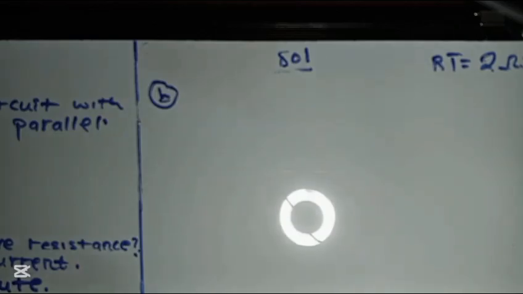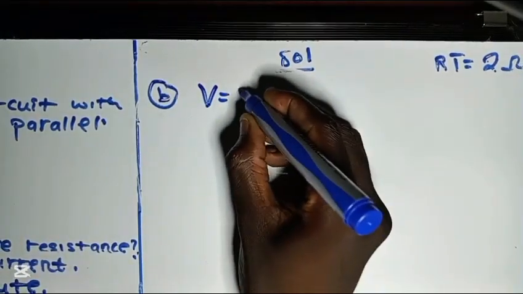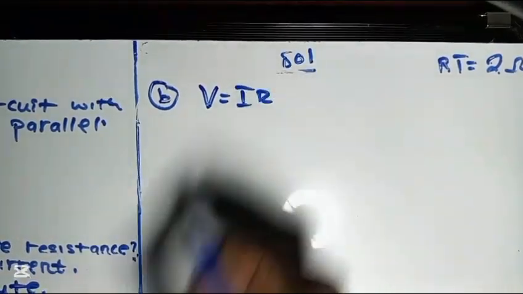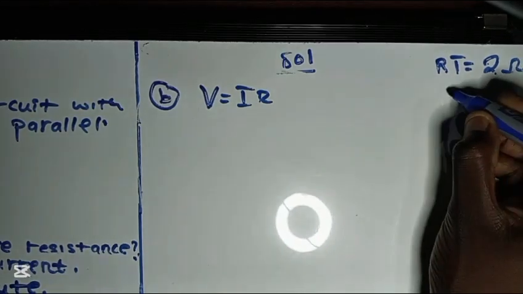It only means one and the same thing. To calculate the total current, we use the Ohm's law formula, which is V equals IR. Since they have said calculate total current, you're going to say data.